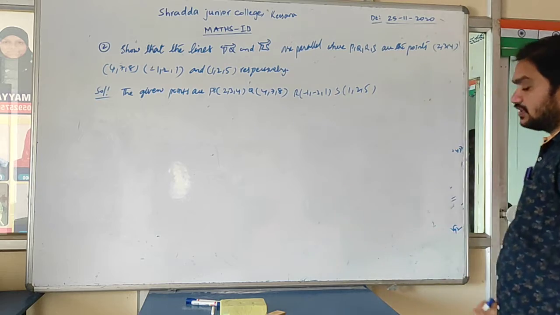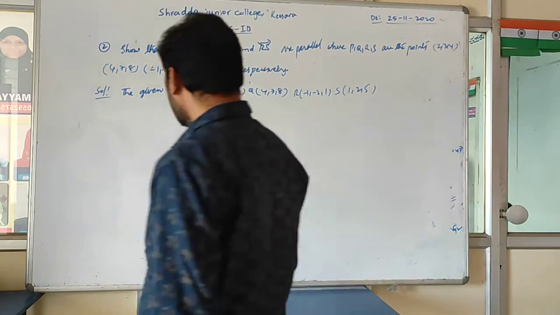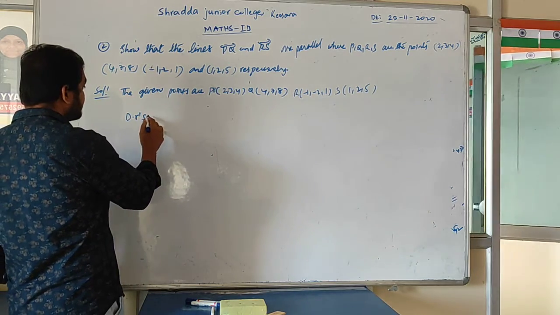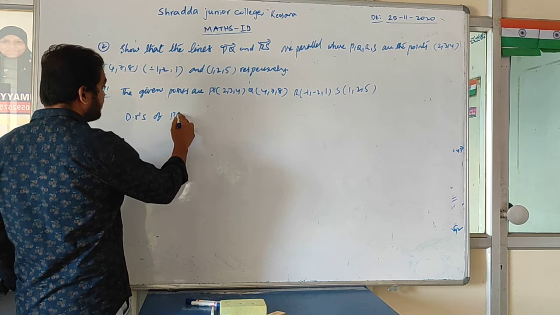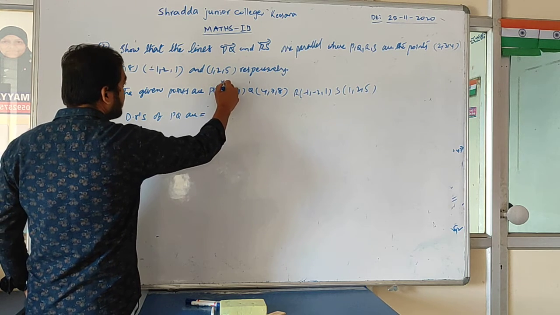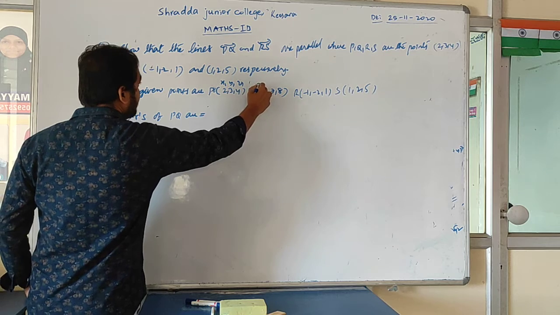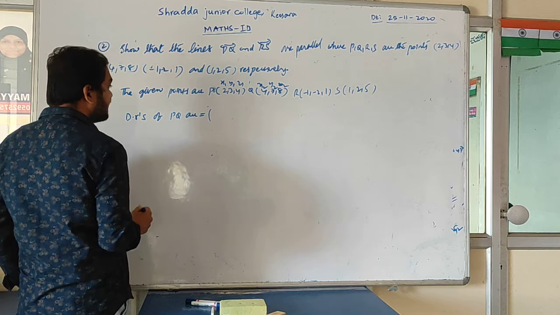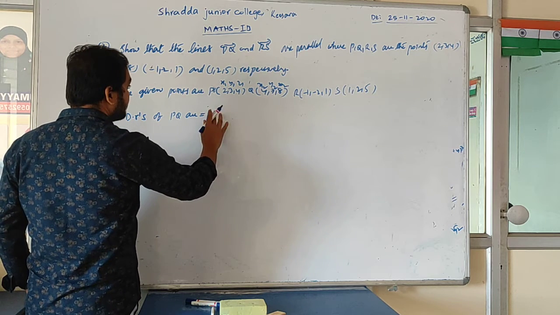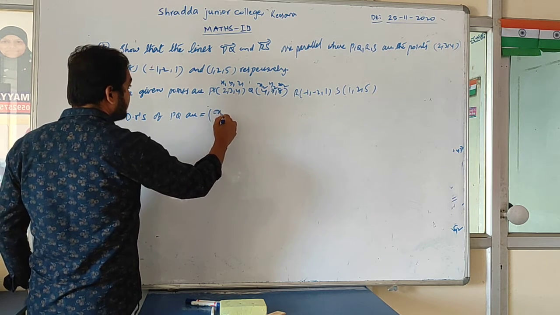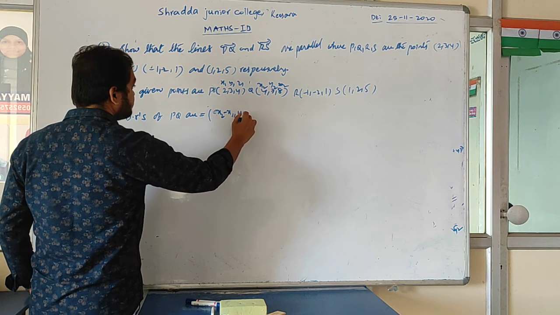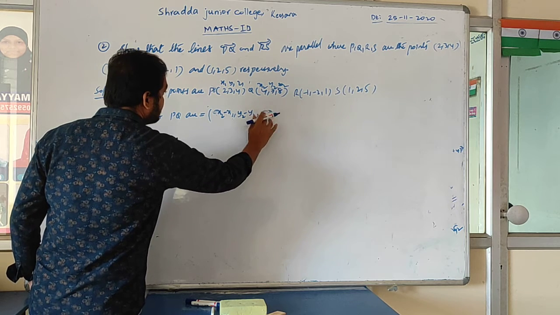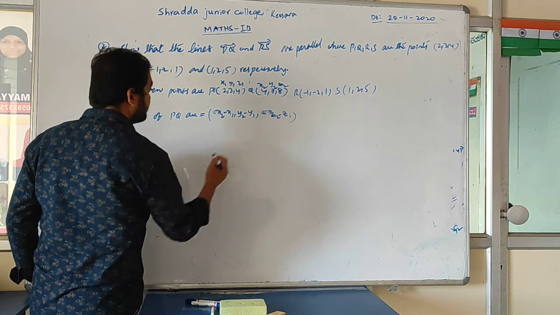That is 1, 2, 5. First we have to find the direction ratios, means DRs, of PQ. What is the formula? That is x1, y1, z1, x2, y2, z2. Now what are the direction ratios of PQ here? The formula is x2 minus x1, y2 minus y1, and z2 minus z1.